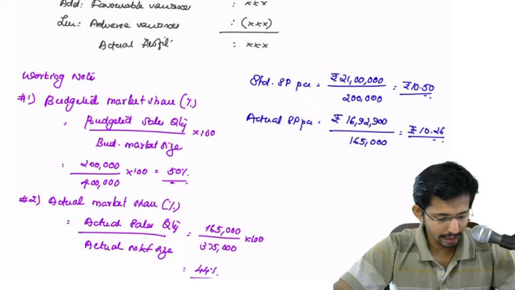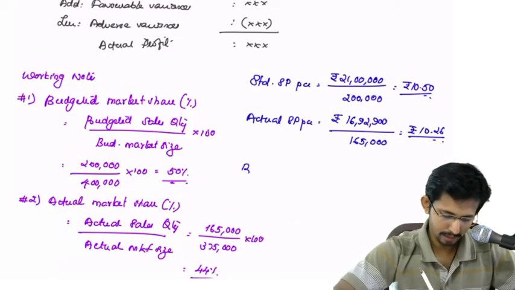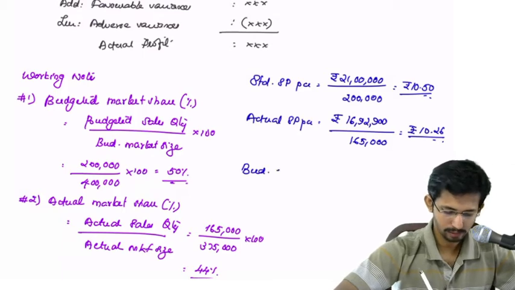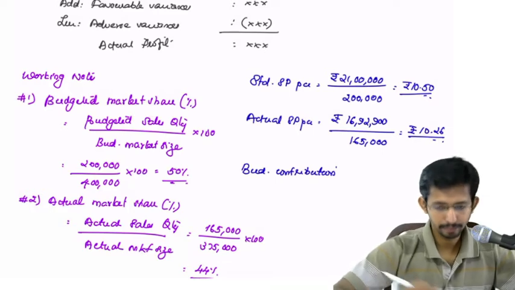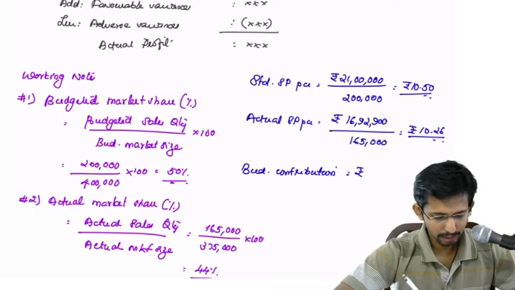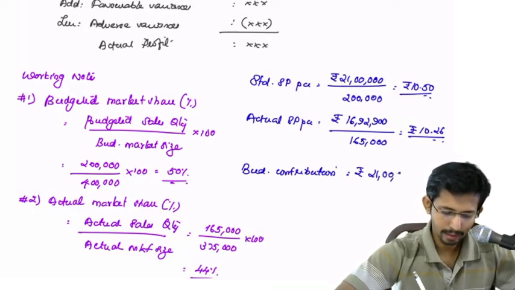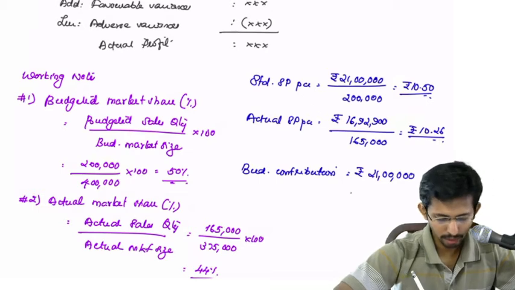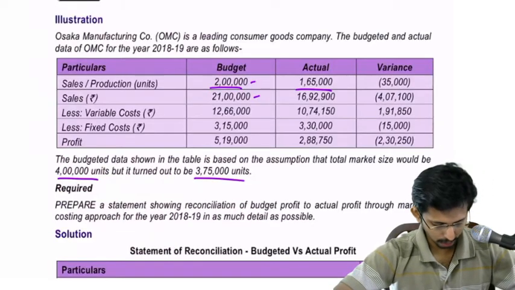Now you can find out the contribution. You know the revenue and the variable cost. So budgeted contribution is equal to the total sales value, budgeted sales value of 21 lakhs, minus budgeted variable cost. Budgeted variable cost was 12,66,000.